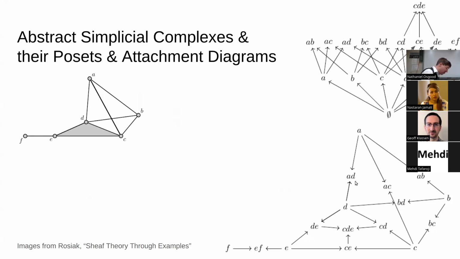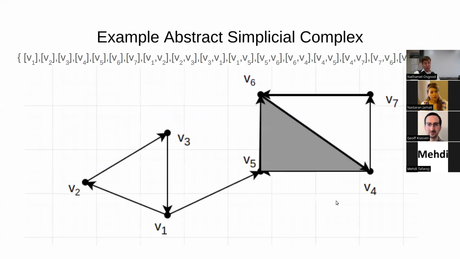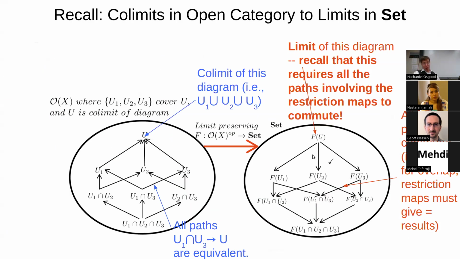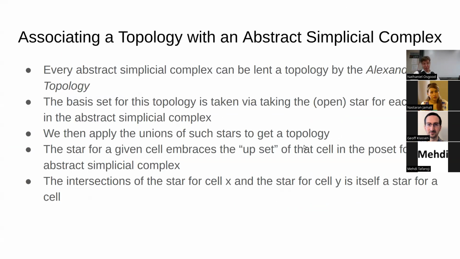And if you're dealing with sheaves, cellular sheaves, you're going to be dealing with this. D is attached to AD, and you're going to have a map in this sort of space over to associate data like this. But these arrows here are going to go in the same direction.